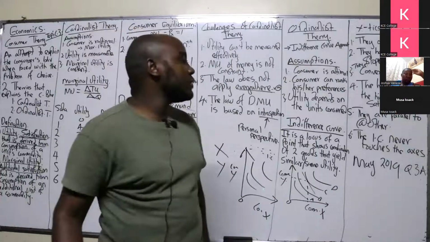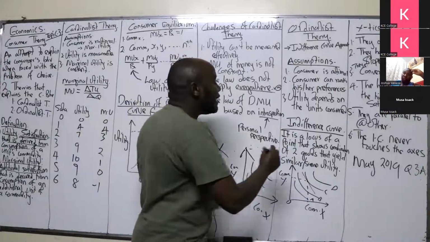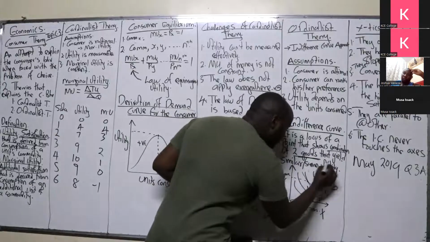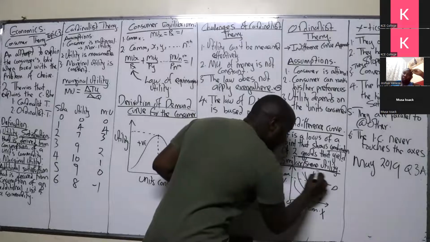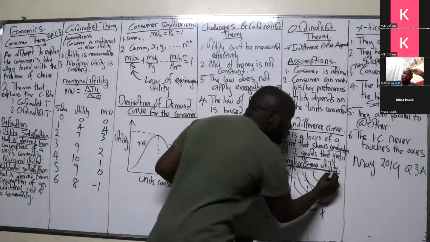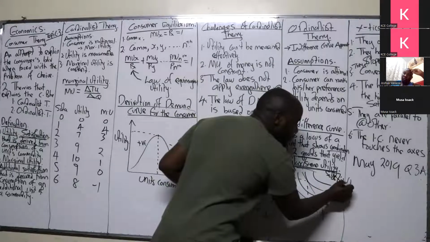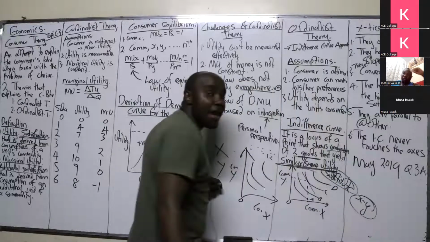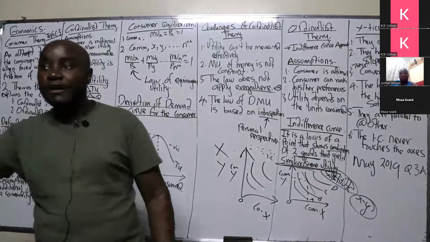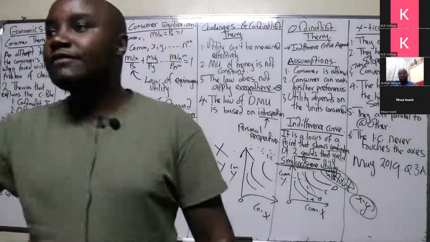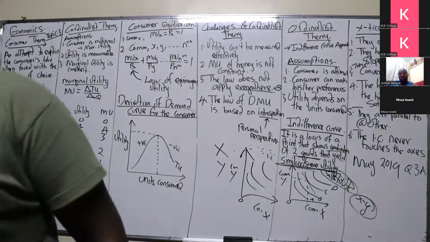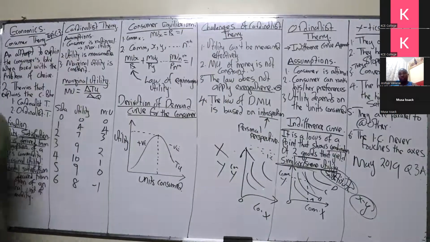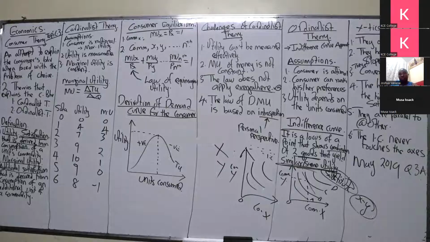Because we said an indifference curve is a locus of points showing combinations of two commodities that yield similar utility, which means we can substitute commodity X in respect to commodity Y. The slope of the indifference curve is the marginal rate of substitution.